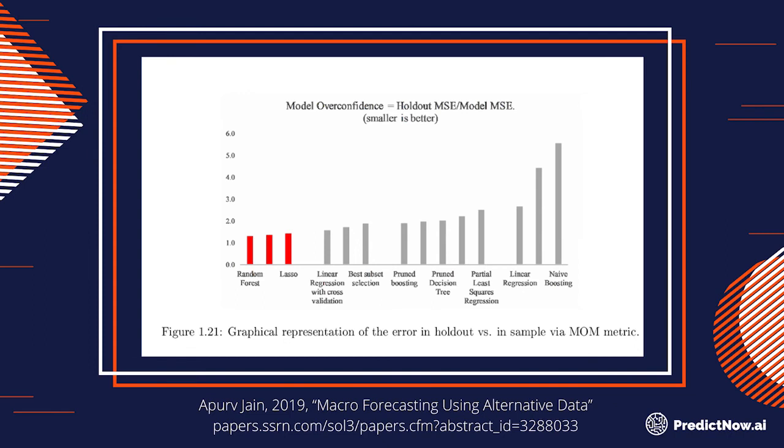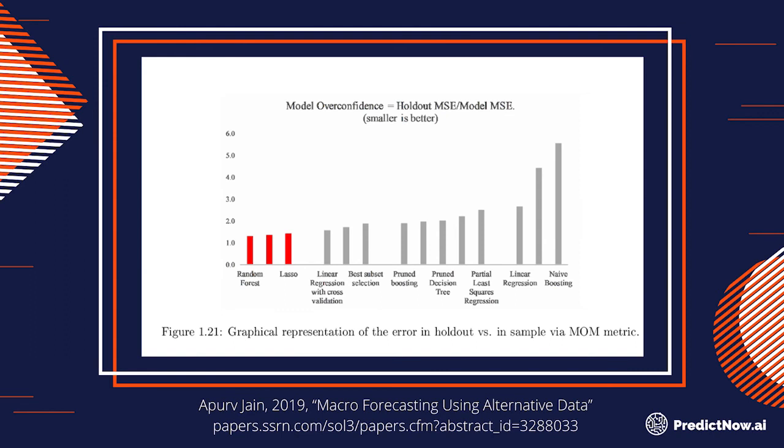Okay, and our choice is supported by another research paper, which is published not too long ago. It's published in 2019. It's called Macroeconomic Forecasting Using Alternative Data. And the authors compare different kinds of machine learning algorithms.